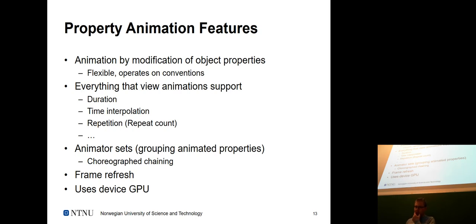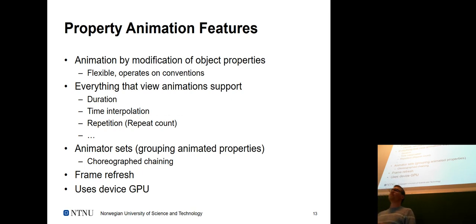The difference here is that instead of having a fixed API, well, of course there's a fixed API, but instead of having a hard-coded set of possible animations, property animations are able to inspect quite flexibly any kind of object you think about.